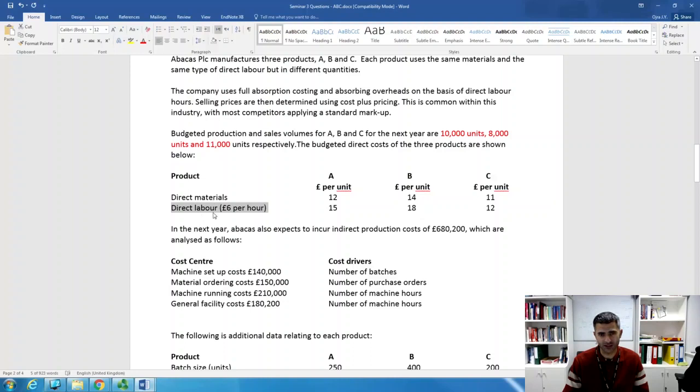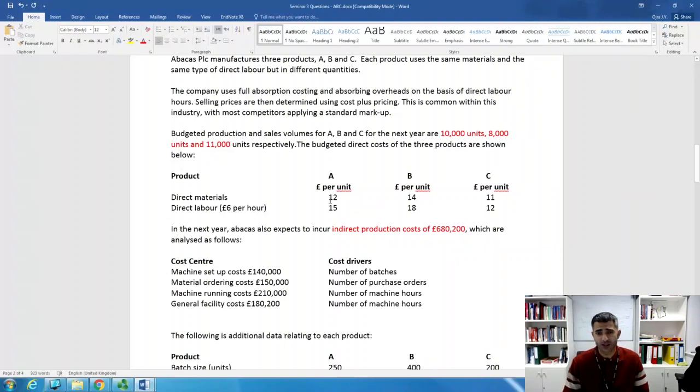This is material and this is labor, for each unit. And this is £6 per hour. It does tell you that we pay labor £6 per hour. The production overhead is £680,000.